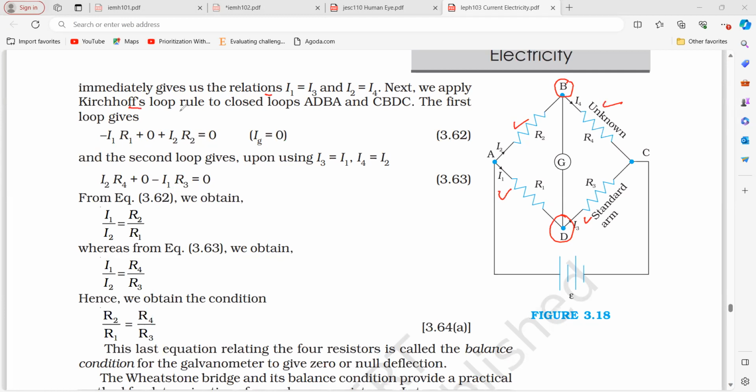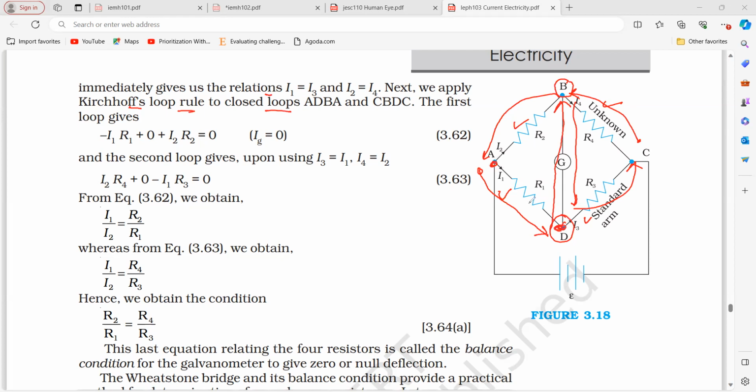Next, we apply Kirchhoff loop rule to the closed loops A to D, D to B, B to A. And the second loop is C to B, B to D, and then back to C. For the first loop, if you are going from A to D, we are going in the same direction as the current, but here potential is more, here potential is less.